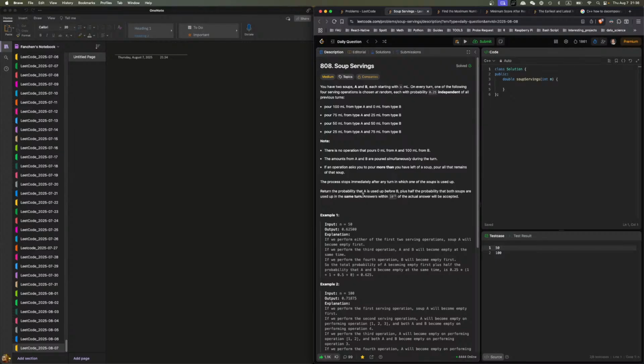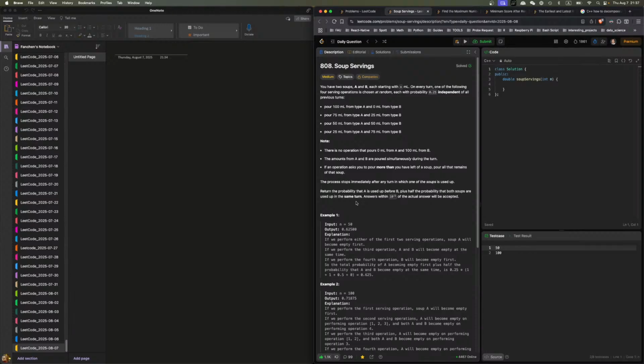Return the probability that A is used up before B, plus half the probability that both soups are used up in the same turn.